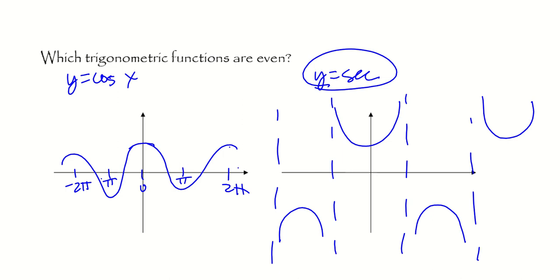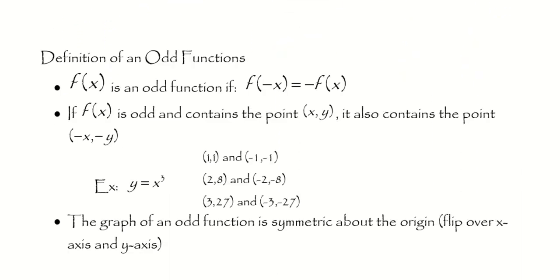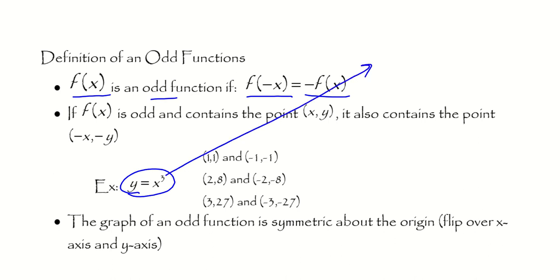Let's talk about odd functions. So the definition of an odd function is that f of x is odd if when we substitute negative x for x, we actually end up with the opposite of what we get when we plug in x. So here's an example, y equals x cubed. Let's look at this definition. F of x is x cubed.